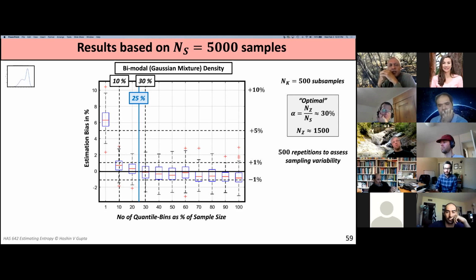I think what you're referring to, Shervan, is related to when I was trying to estimate the quantiles using the entire sample set without doing averaging. So if you take the entire sample set and you calculate the CDF, so you just sort the values and make the CDF that way, and then you calculate the quantiles from that. If you drive the sample set towards infinity and you calculate the entropy that way, you will not get an unbiased estimate of entropy.